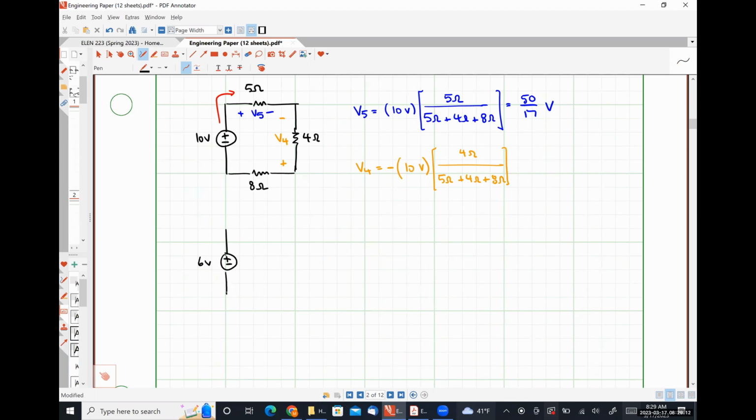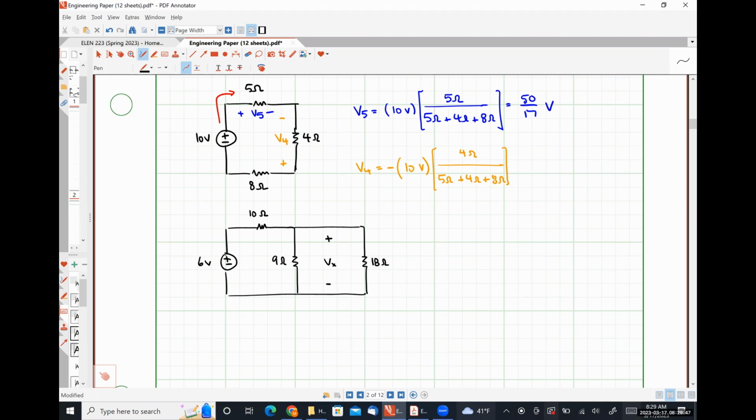We have a 6-volt source, a 10 ohm resistor here, a 9 ohm resistor here, and an 18 ohm resistor here. And we want to figure out what this voltage Vx is.